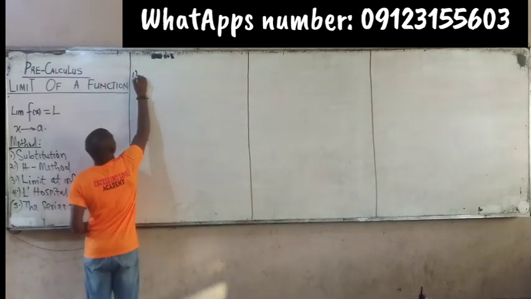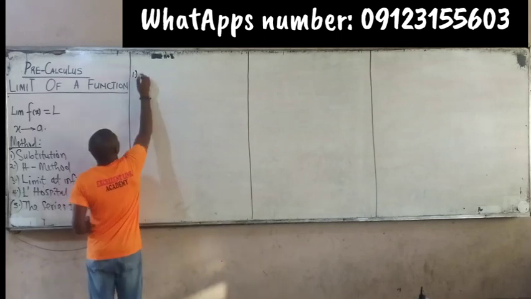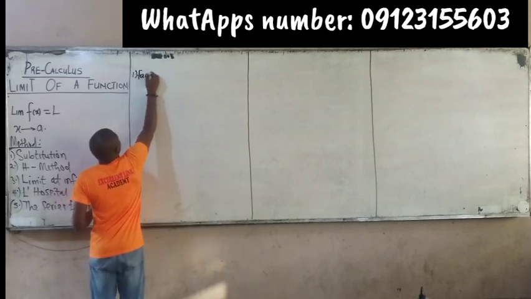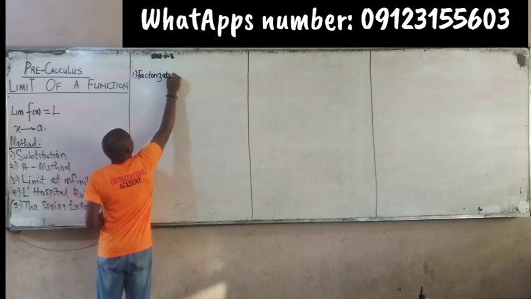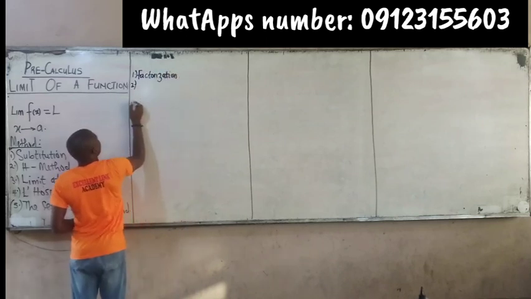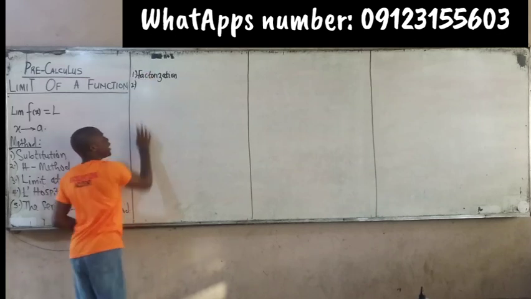Number 1, we have factorization. Number 2, we have expansion via the binomial theorem.